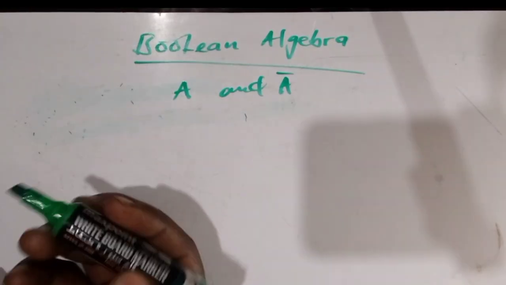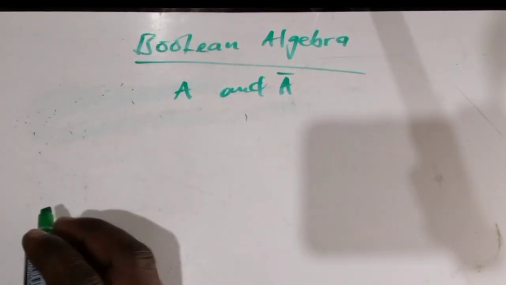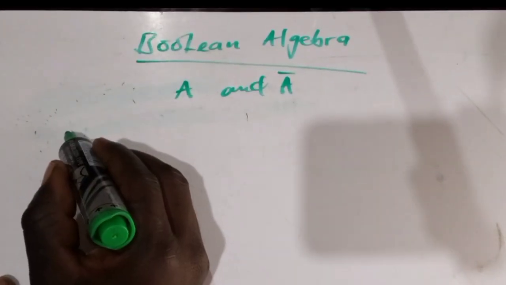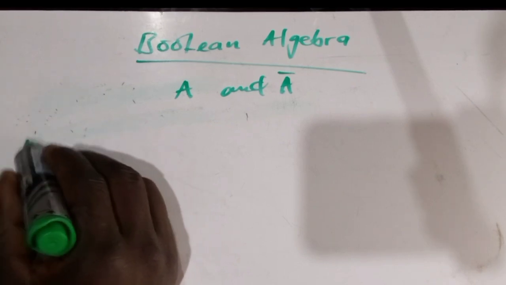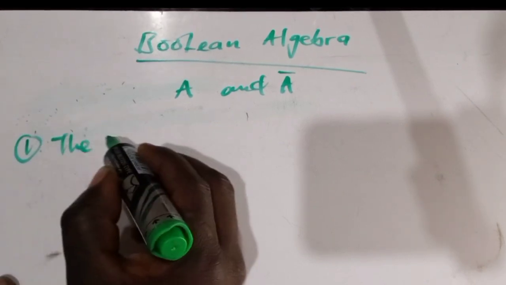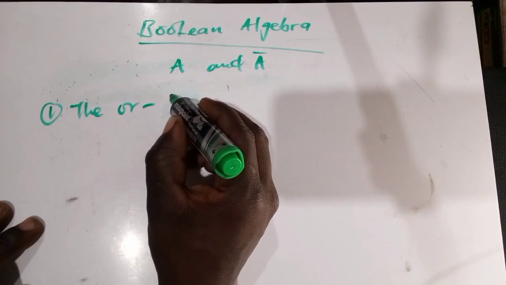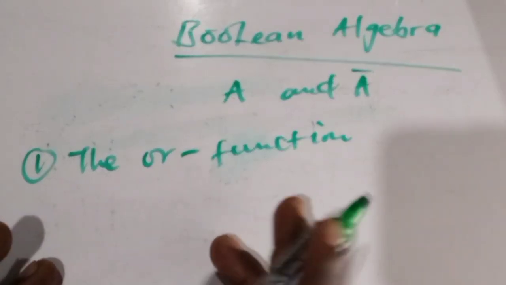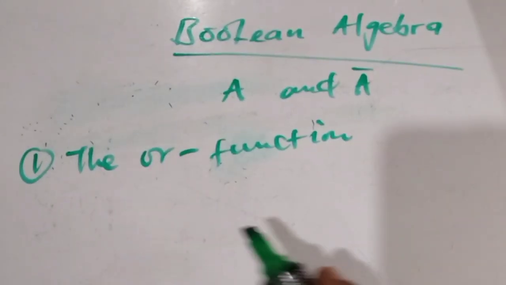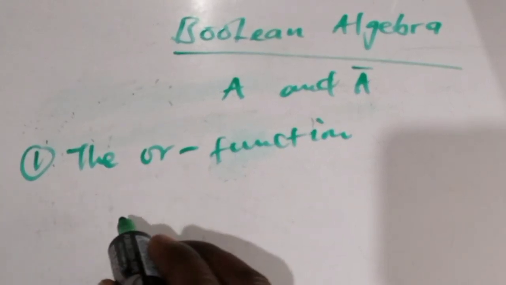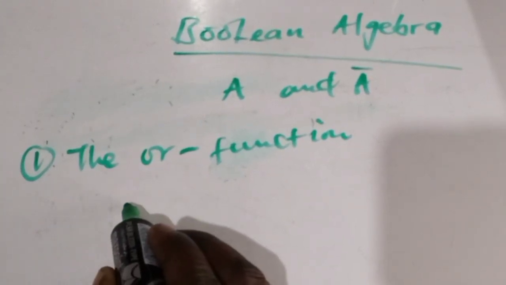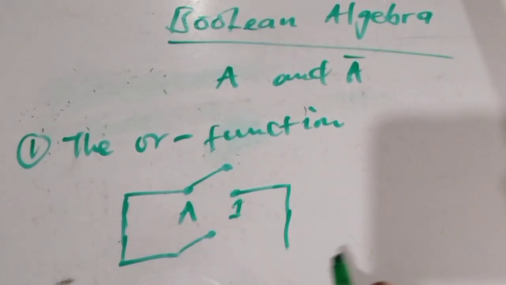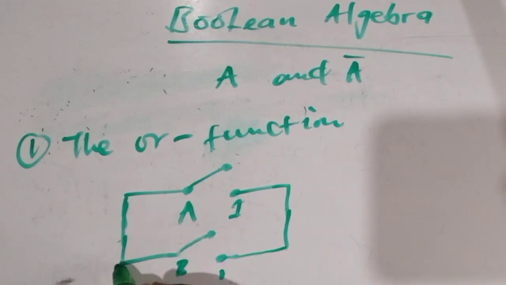So now let's try to look into some of the functions used in Boolean algebra. Let's start with number one, the OR function. In a circuit diagram, it is shown as this.